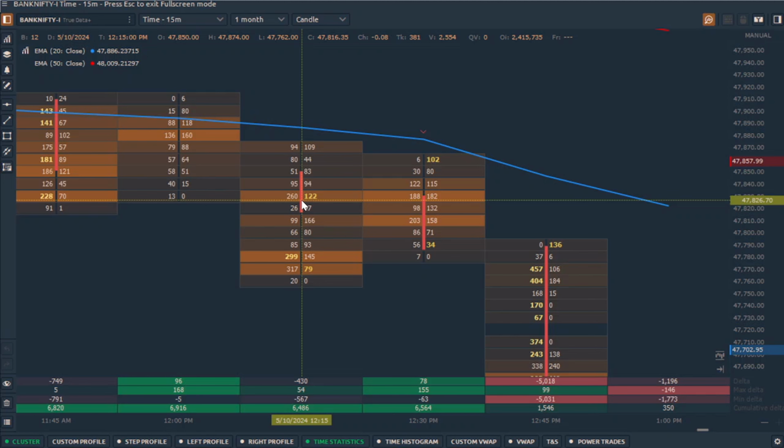What these numbers denote is, at each price level within this candle, how many aggressive buyers and how many aggressive sellers were there at these particular levels. The segmentation of this is decided by what is known as a step size, right?